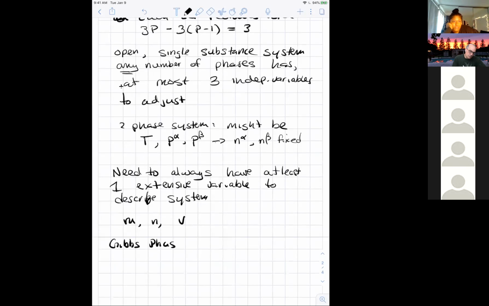This leads us to what's known as the Gibbs phase rule, right? The Gibbs phase rule is going to tell us the mathematical restrictions on the number of variables that we can have to describe the system. Okay, so what we're going to do is talk about, again, P phases.